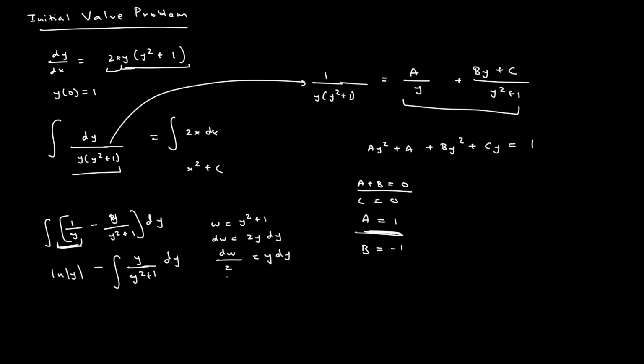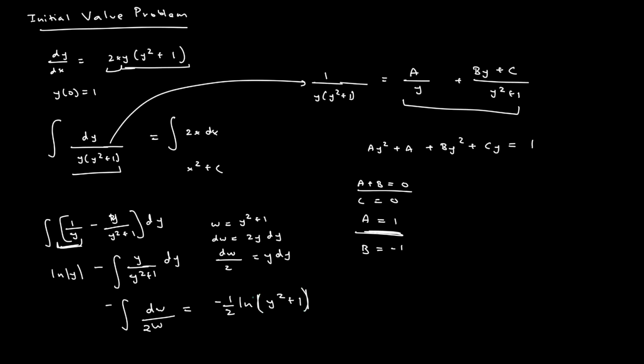And so we can re-express this as the integral of dw divided by 2w. And so that is the same thing as 1/2 ln w, and I'm going to resubstitute the value for w as y^2 + 1. And we can remove the absolute value since y^2 + 1 is always positive.